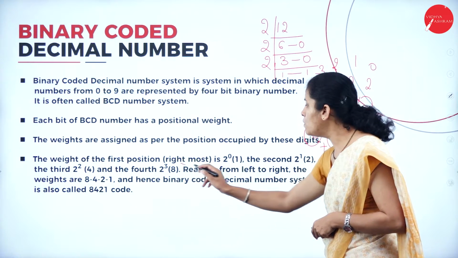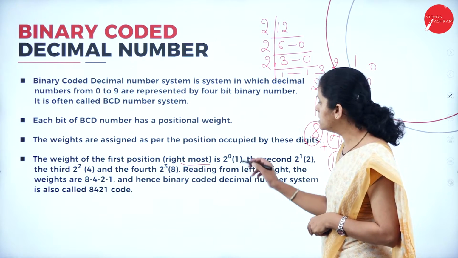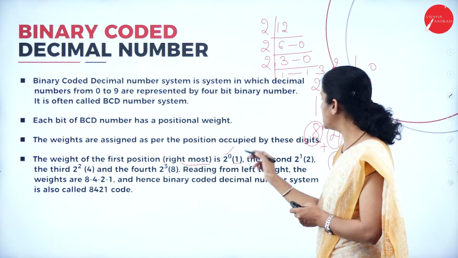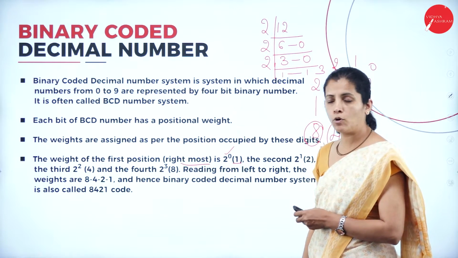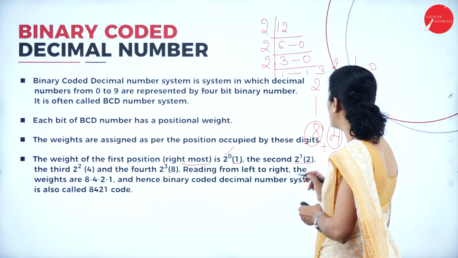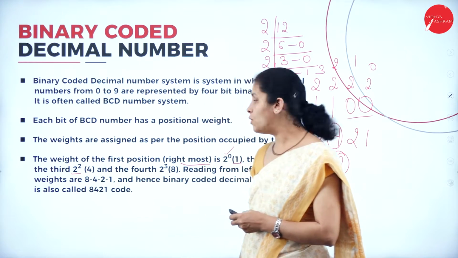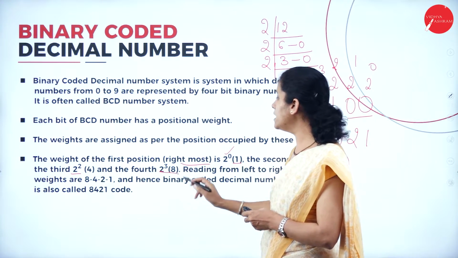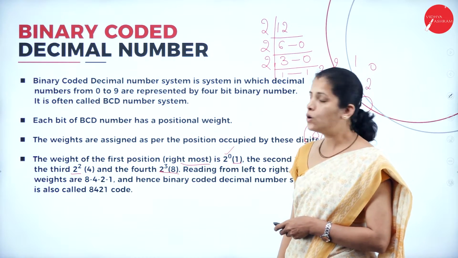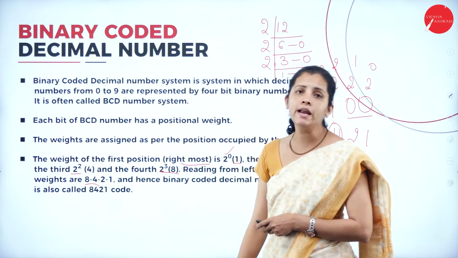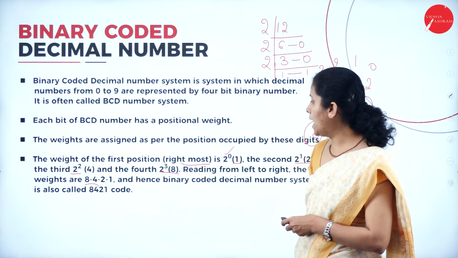So the rightmost position is 2 to the power 0, that is 1 by the mathematical property, 2 to the power 1 is 2, 2 to the power 2 is 4, and 2 to the power 3 is 8. So here BCD representation is nothing but 8 4 2 1.